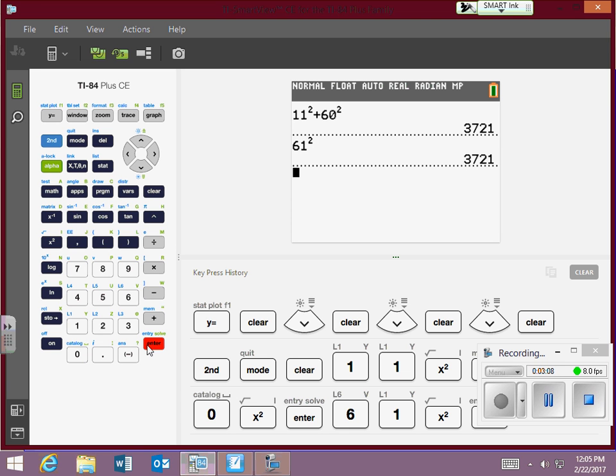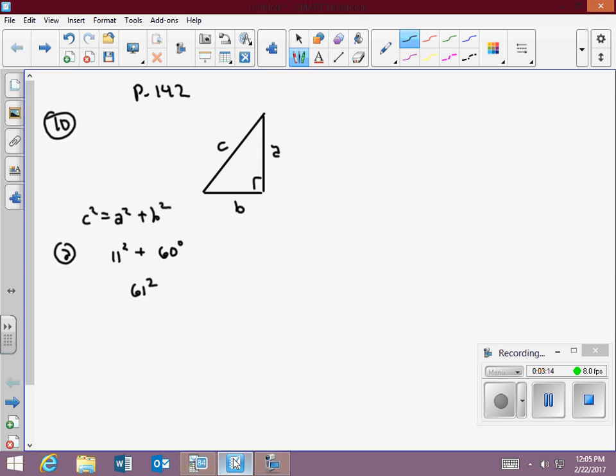You see they're equal, so that's a right triangle. Because these two are equal, then it's a right triangle.